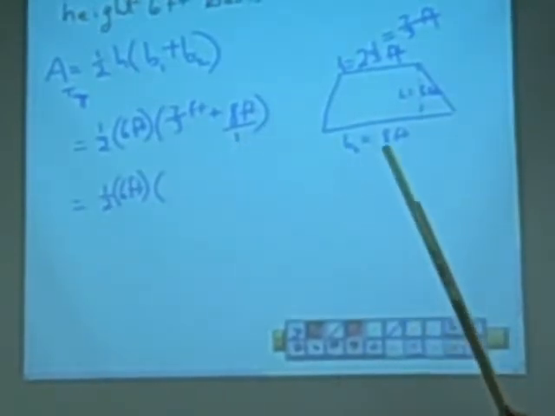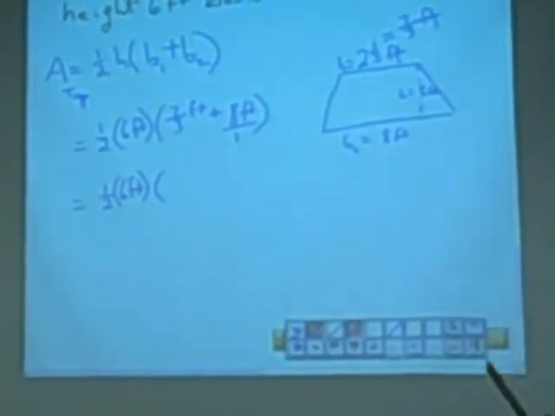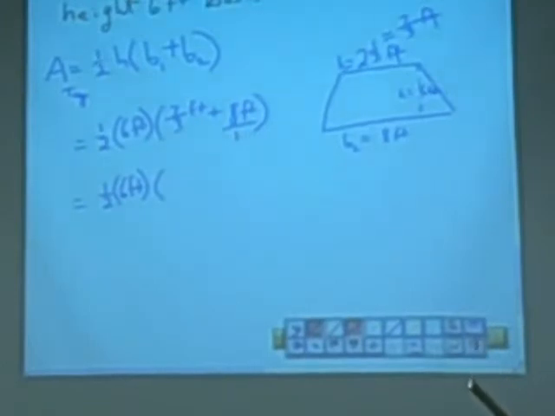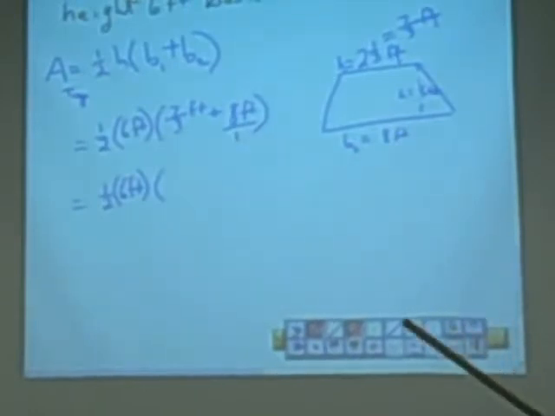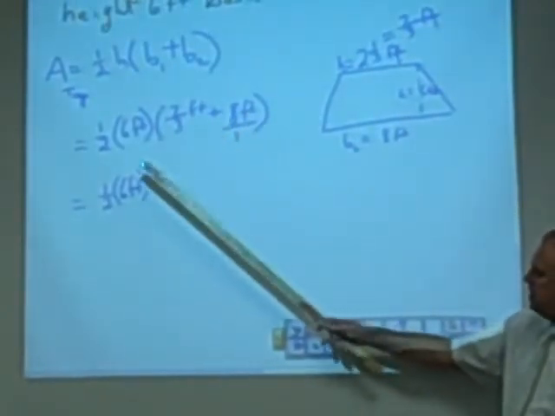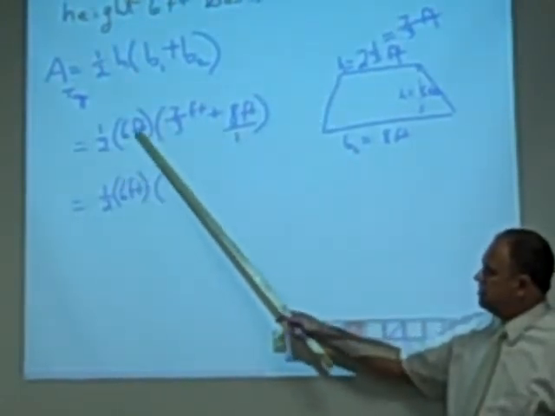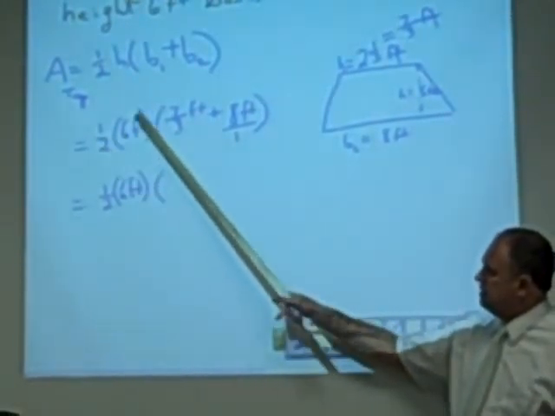Okay? With fractions, anytime you add or subtract, you need a common denominator. Every single time. No matter what kind of equation you're working with. When you're multiplying or dividing, that's the only time you can cancel. You cannot cancel when you have an addition. Now here, you could cancel the 2 and the 6 because you're multiplying and dividing, right?